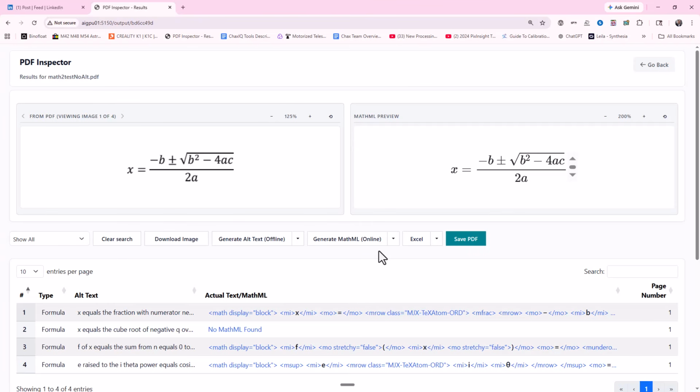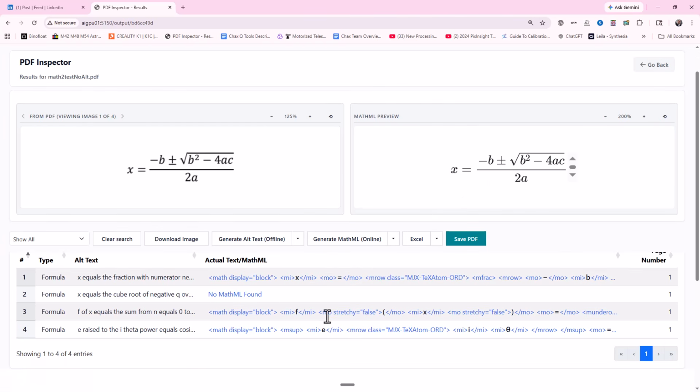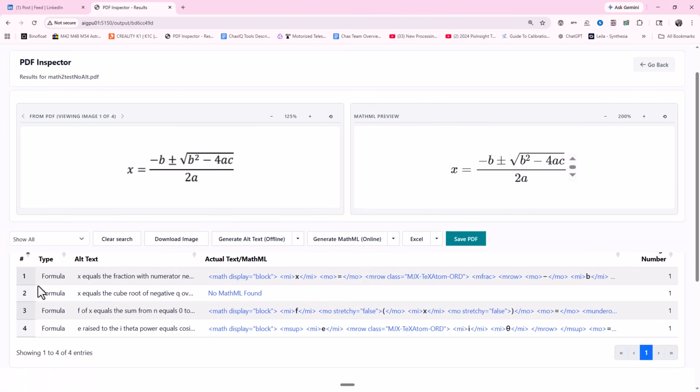So let's take a look at what it did. So here we have our quadratic equation, and I can see on the right-hand side, we have a rendering of the MathML. And if we look down here at the bottom, we can see that it has formula, alt text, and the MathML for that formula, right?